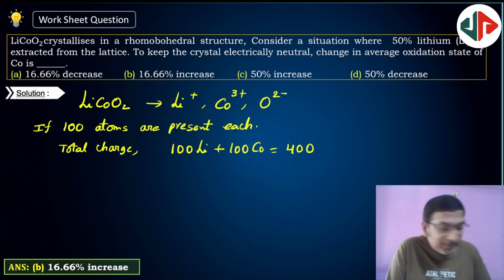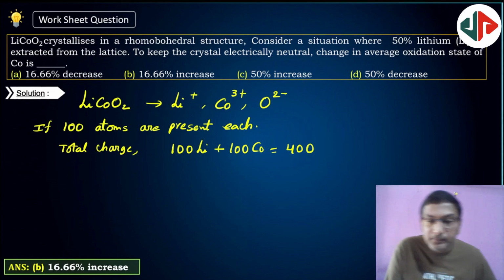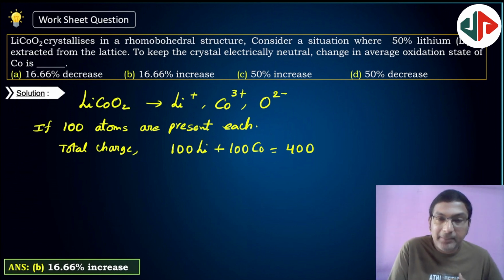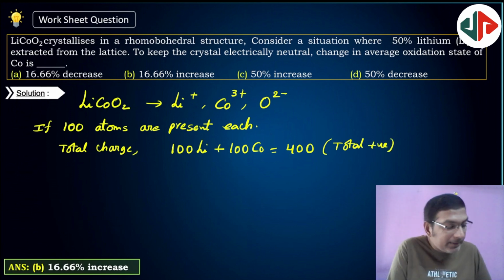So 100 atoms of lithium and 100 atoms of cobalt are present: 100 into plus 1, next 100 into plus 3. Total 400 total positive charge. This is the total positive.